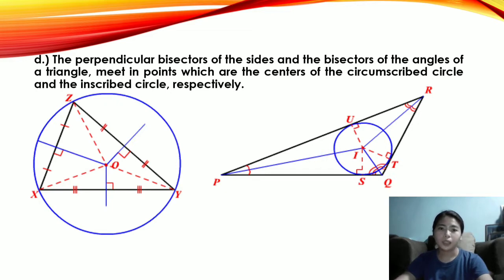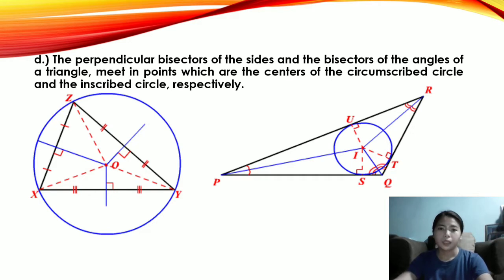So the three angle bisectors of the angles meet in a single point, and that is what we call the incenter. So this is the single point where the angle bisectors meet. Here I is the incenter of triangle PQR.